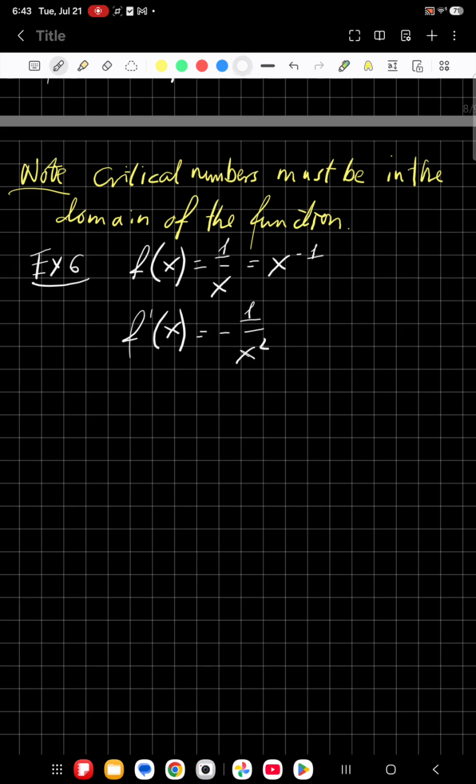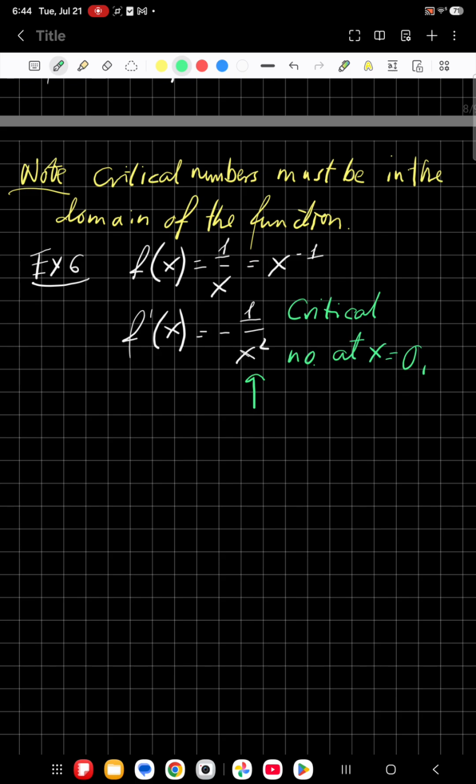So when you look at this, we could have a critical number, because the derivative is not defined at x equals 0, because if we plug in 0 here, we get division by 0. So is there a critical number at x equals 0?